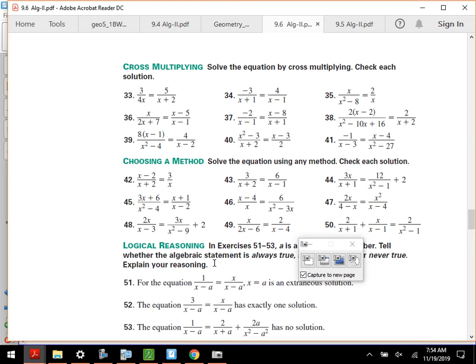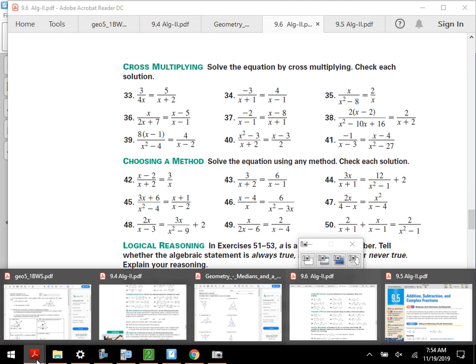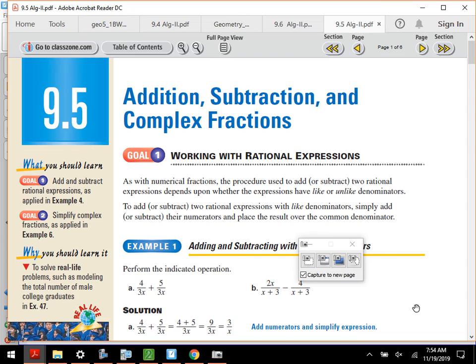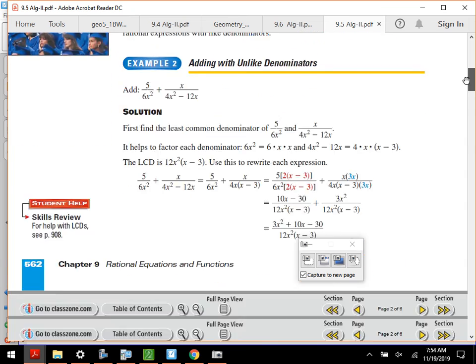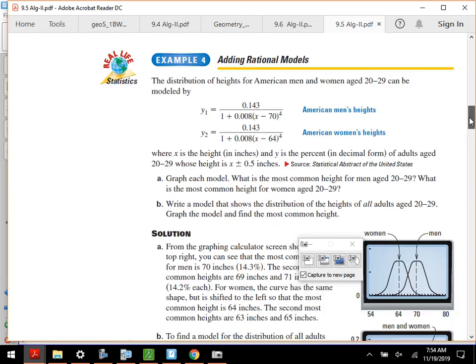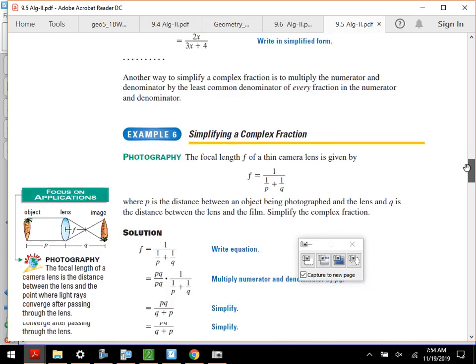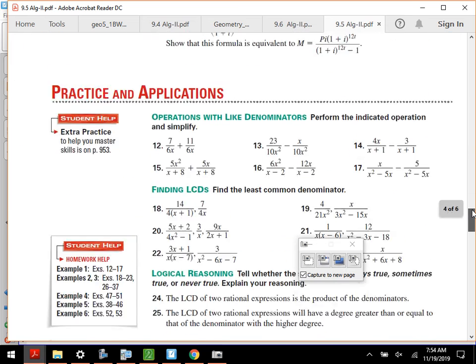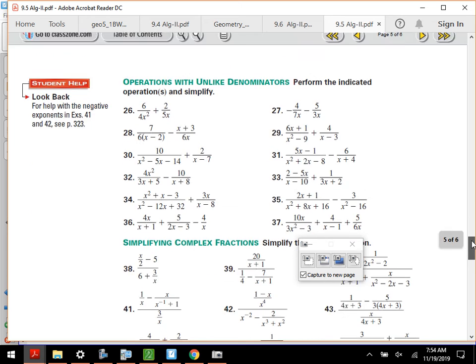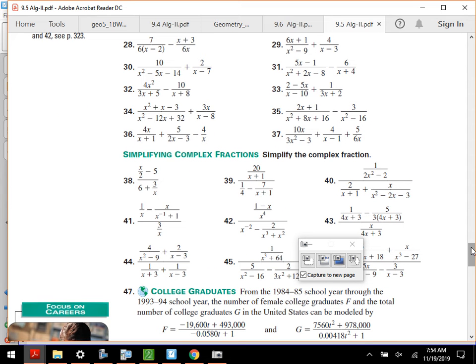Let's see. I know. When we did these last, I'm assuming there are still issues and questions regarding just adding common denominator stuff.